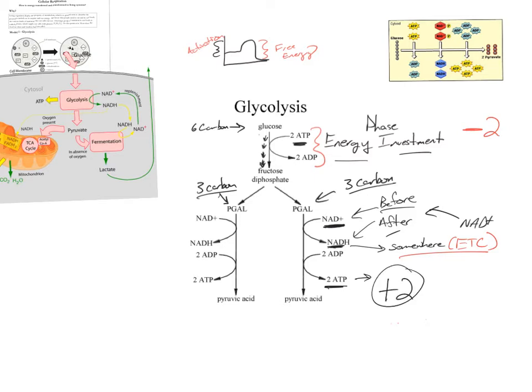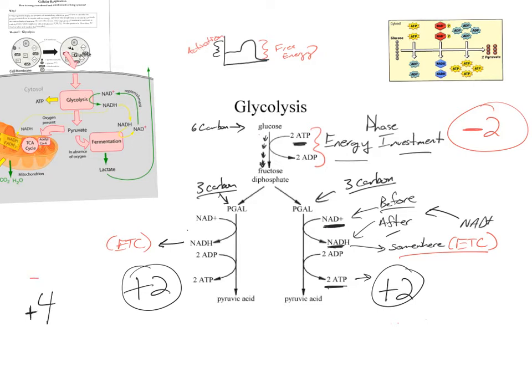ATPs, and -2 what? ATPs. But you have 2 3-carbon molecules, so guess what? This happens twice. This goes to the ETC, electron transport chain, and gets you a lot of ATP out. And this is a +2 over here. So you have a net of +4, you see. But of course, you invested 2 to begin with in the energy investment phase.